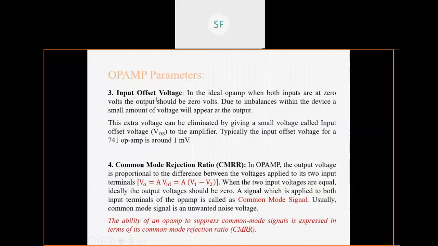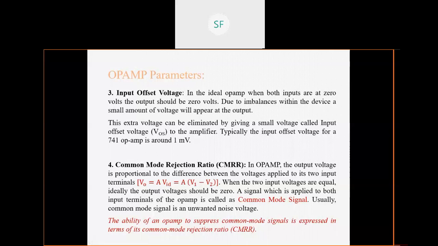Then we have seen input offset voltage. So what was input offset voltage? In an ideal op amp, when both inputs are at 0 volt, the output should also be 0 volt. This is the required case.